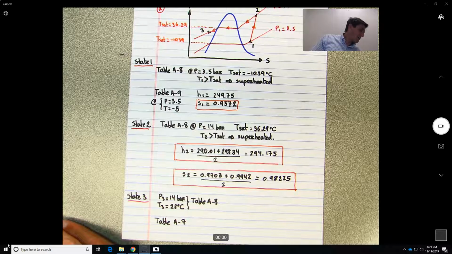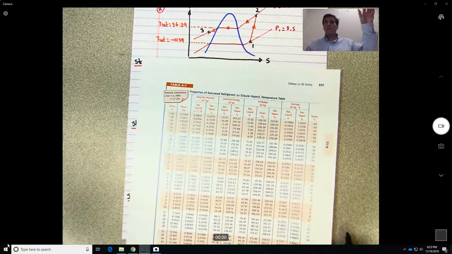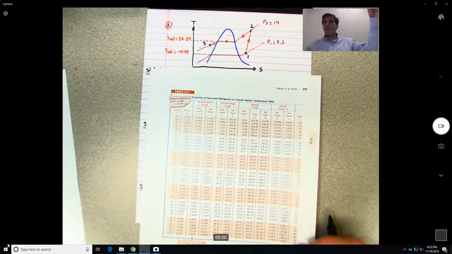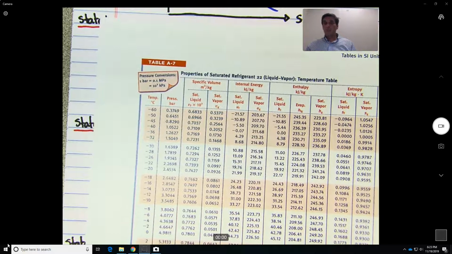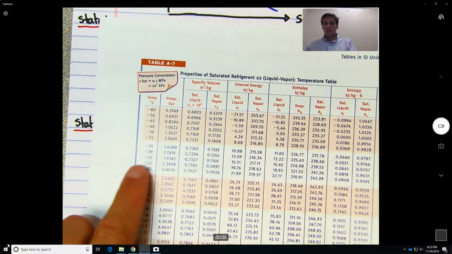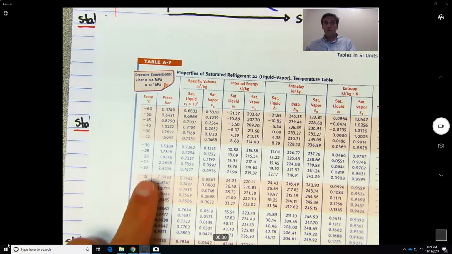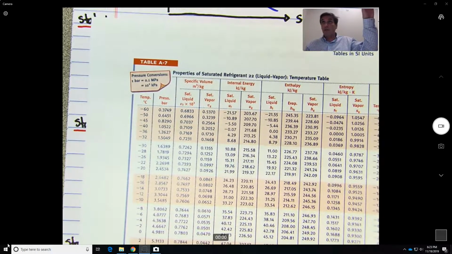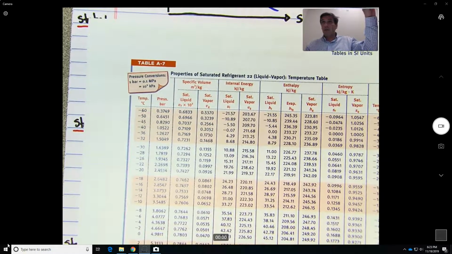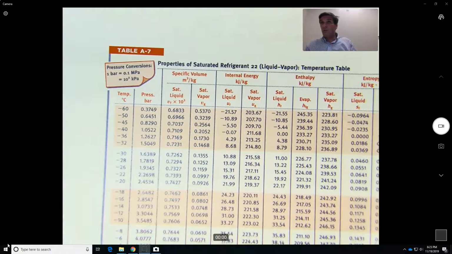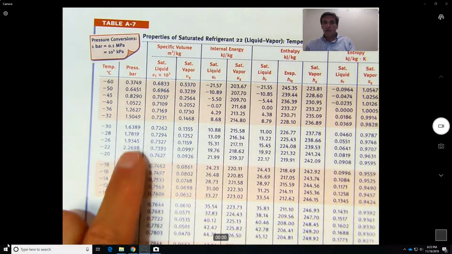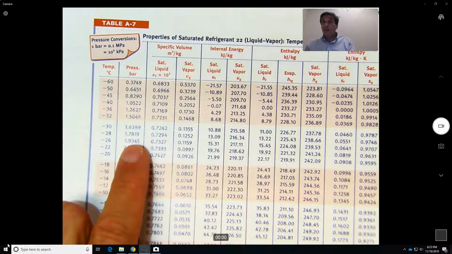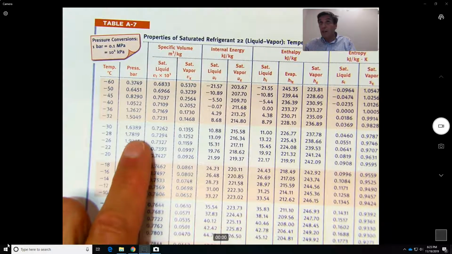Let's see if I find it. It's basically the properties of saturated refrigerant. We look at the temperature, and we are lucky because we have the value 28 right here. Let me zoom in.